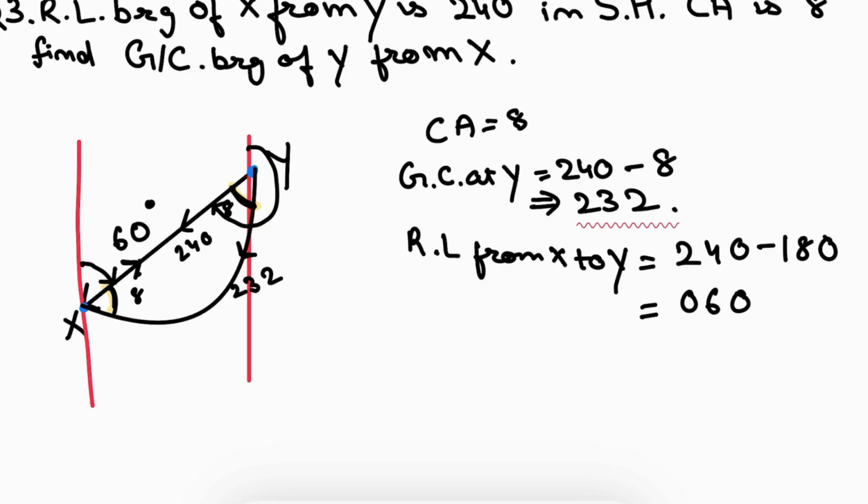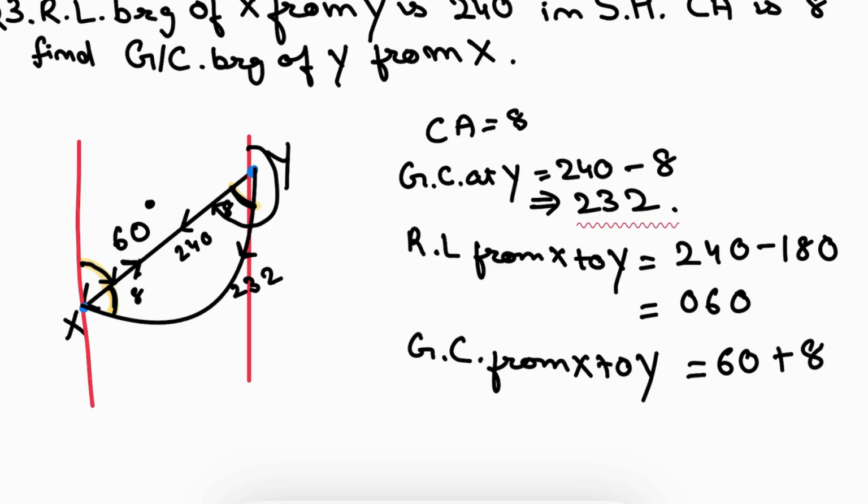So the great circle from x to y is 60 degrees plus the conversion angle of 8 degrees, which is 068 degrees. So the final answer, the great circle bearing of y from x, is 068 degrees.